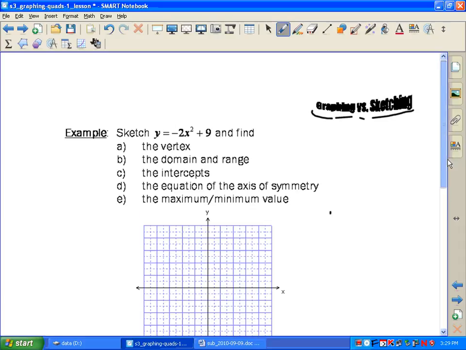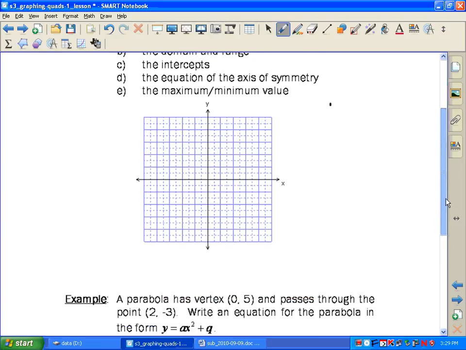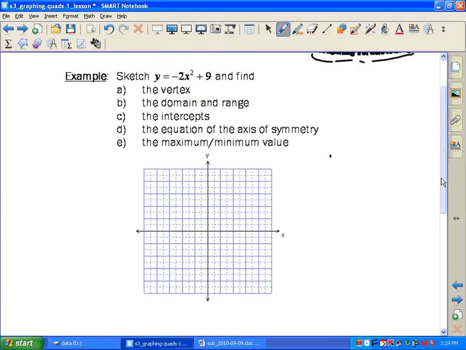Let's sketch -2x squared plus 9. And let's just try and figure out what the vertex is, what the domain and range is, what the intercepts are, the equation of the axis of symmetry, and the maximum and the minimum values. Okay? So -2x squared plus 9. What I know is the vertex is going to be at 9. So I might as well make my standard graph as far as the grid goes.